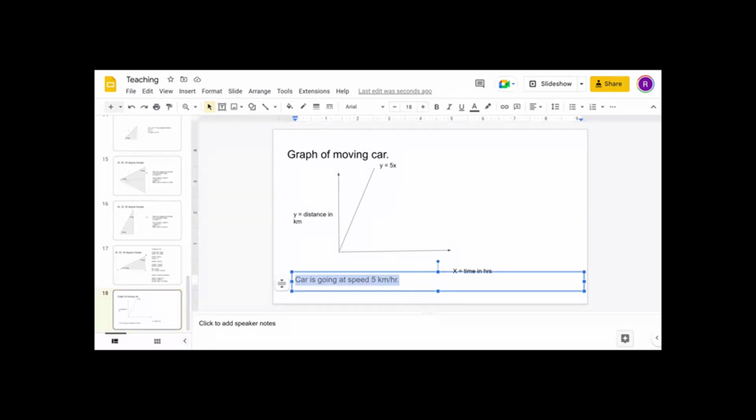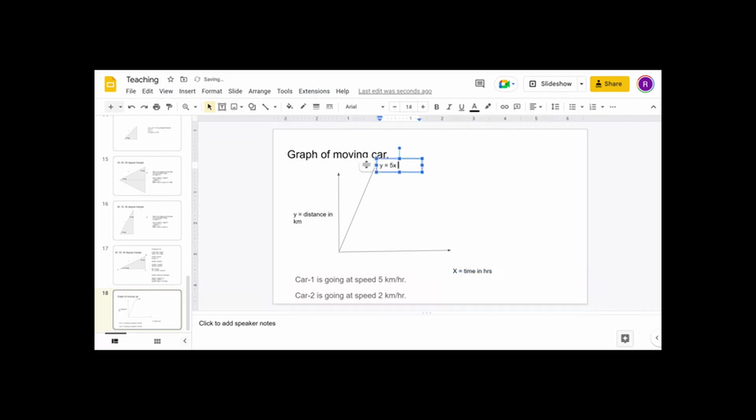Okay, let's take another car. Car 1 is going at 5 kilometers per hour. Car 2 is going at 2 kilometers per hour. So y equal to 5x is the equation of car 1. What is the equation of car 2?